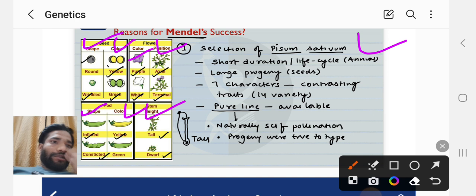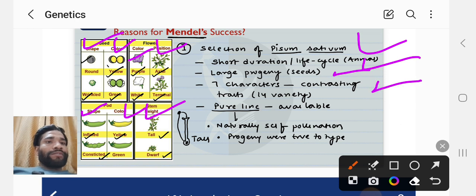These seven characters have 14 traits, and the plant has a short life cycle, is annual, and has large progeny, so seeds are produced in more number.